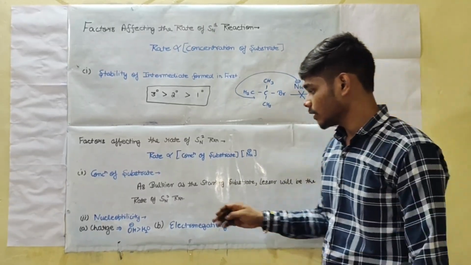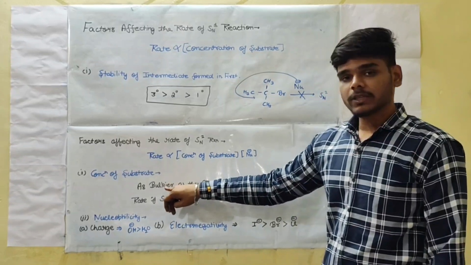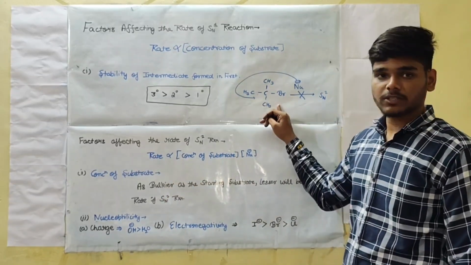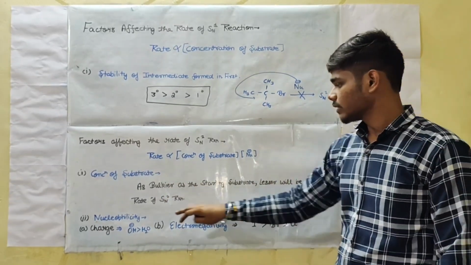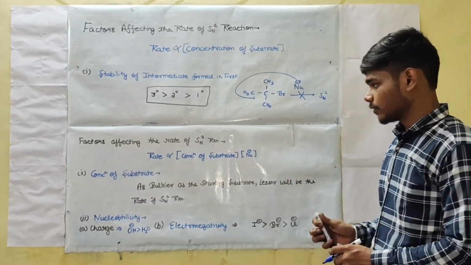So the bulkier the starting substrate, the lesser the rate of SN2 reaction.